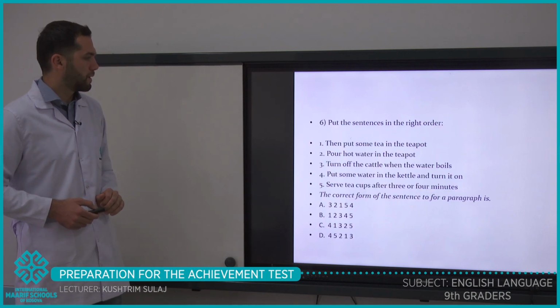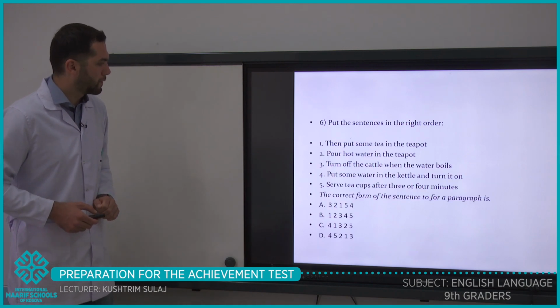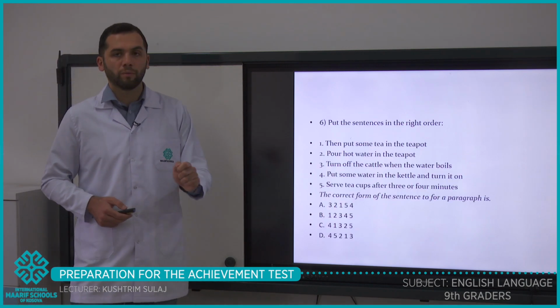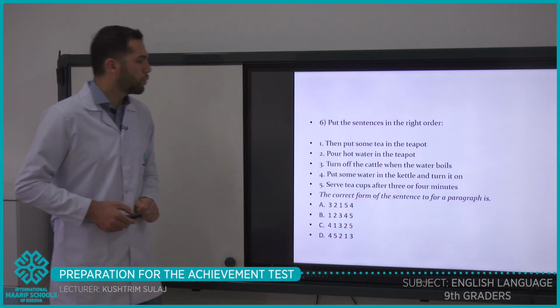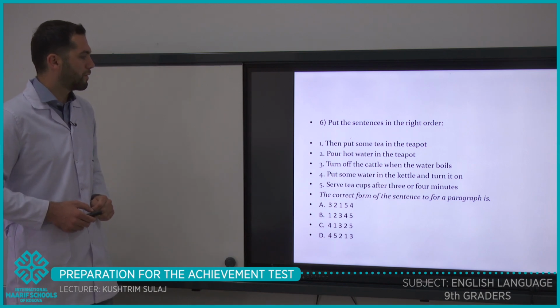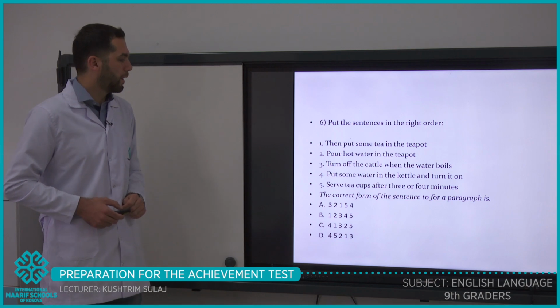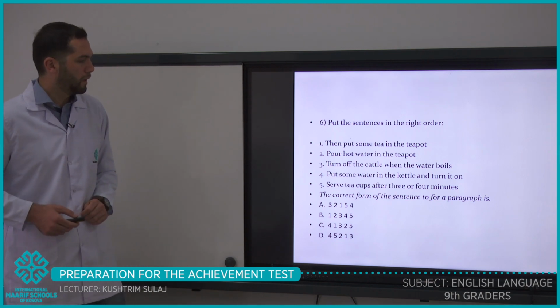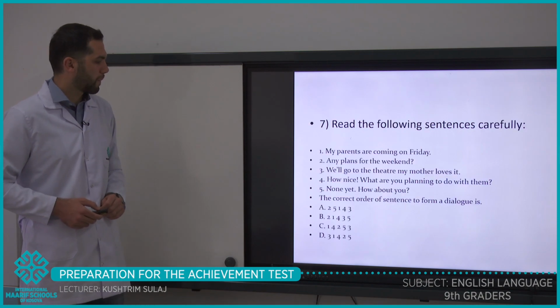Second step is then put some tea in the teapot. Third step is to turn off the kettle when the water boils. Fourth is pour hot water in the teapot and then serve teacups after 3 or 4 minutes. So you're happy because you just made some tea and you're drinking tea with your friends.